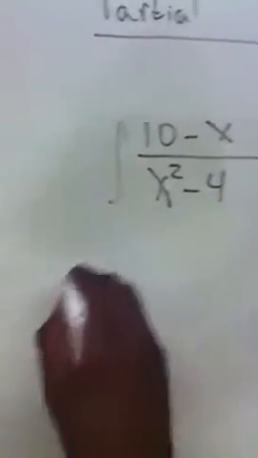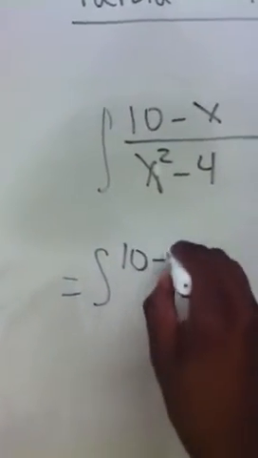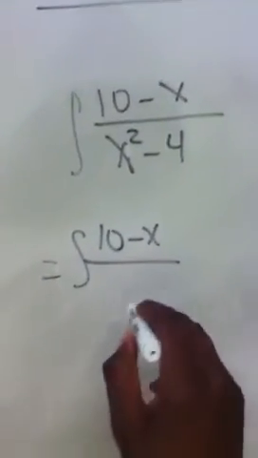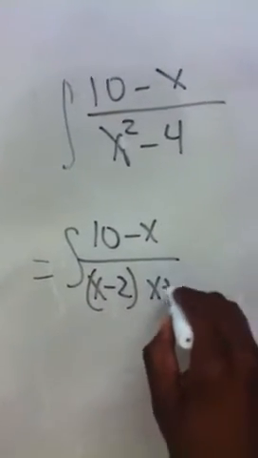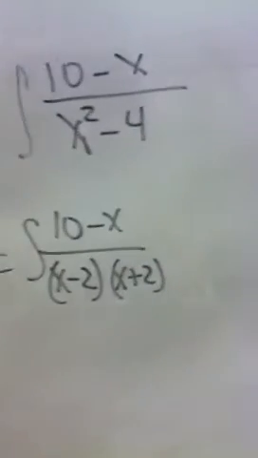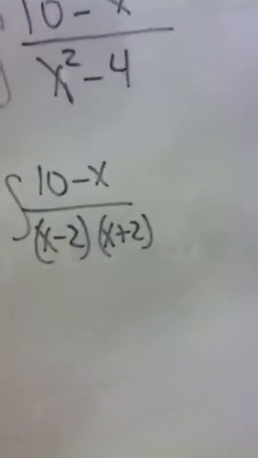So this is going to be equal to the integral of 10 minus x over x minus 2 and x plus 2. That will make it easier to do the partial fractions.